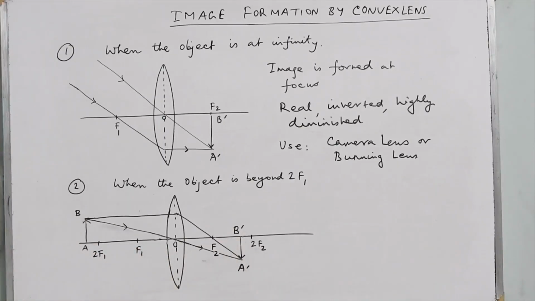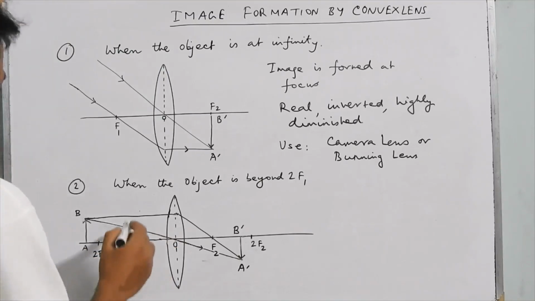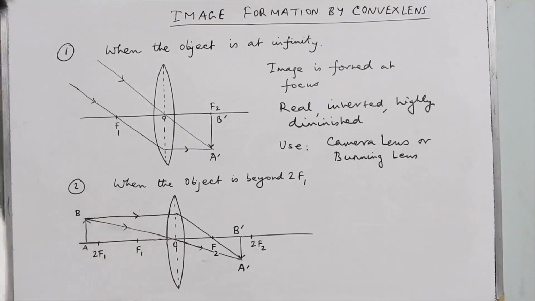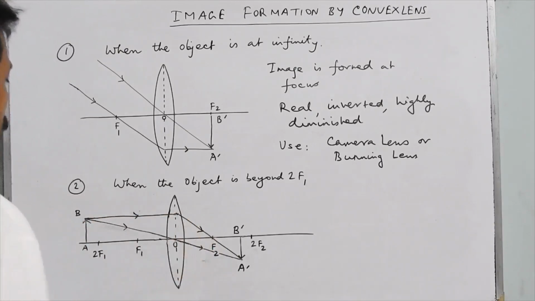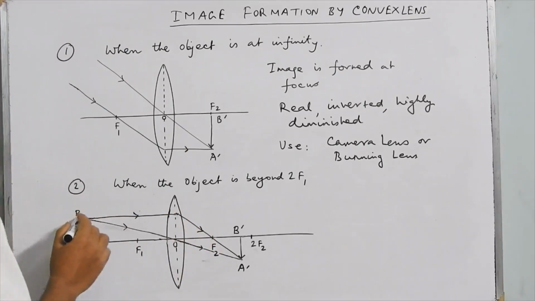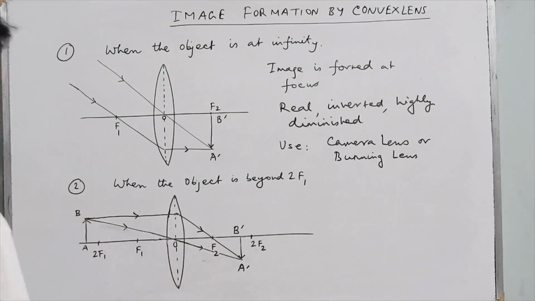So now, if the object is beyond 2f1, that means it is beyond the center of curvature on one side of the lens, then again we consider two rays. One ray is parallel to the principal axis; after refraction it will pass through the second principal focus. A ray passing through the optical center will remain undeviated.